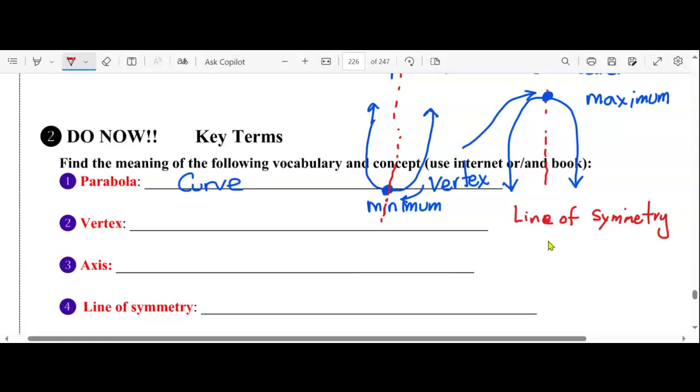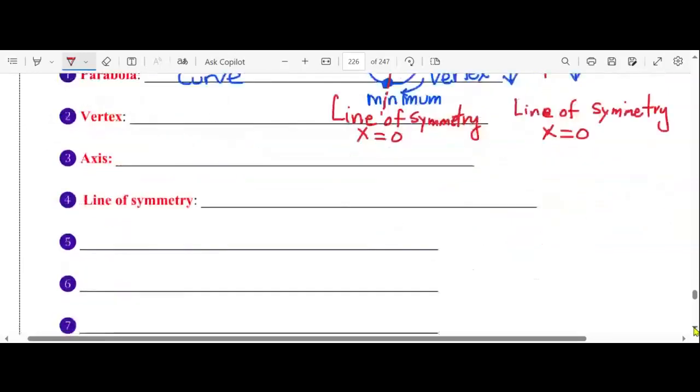So the line of symmetry, we can say, for example, maybe x is equal to 0 because all values here is 0. Or sometimes you can say x is equal to 0 here as well. Okay, that's called line of what? Symmetry. That means the left side is exactly identical to the right side. Okay.